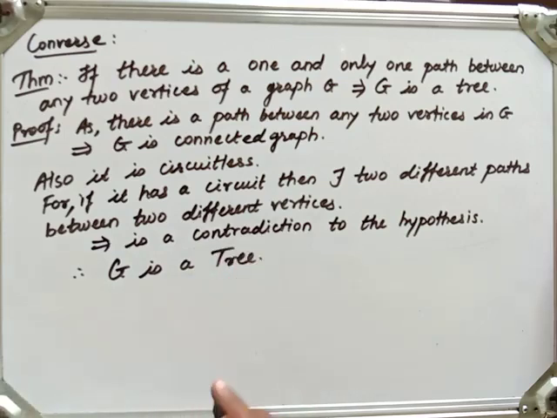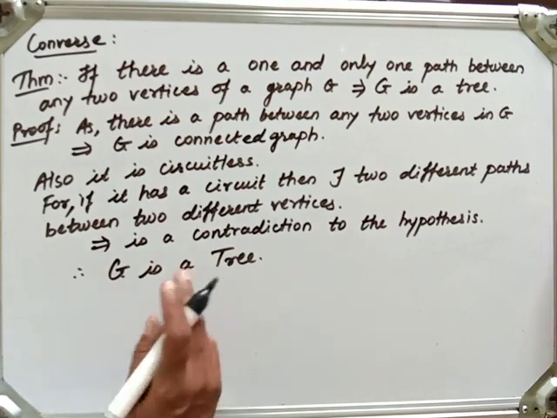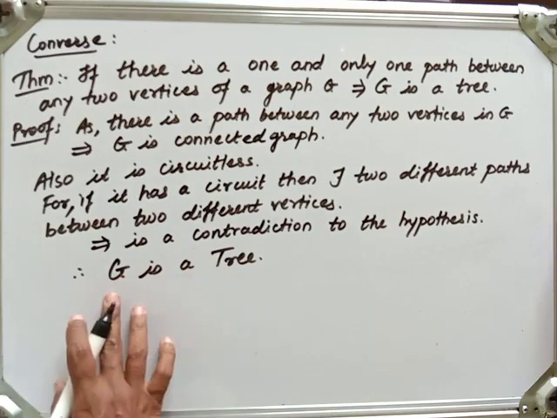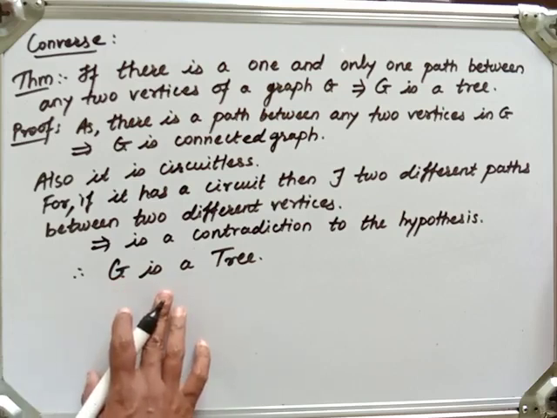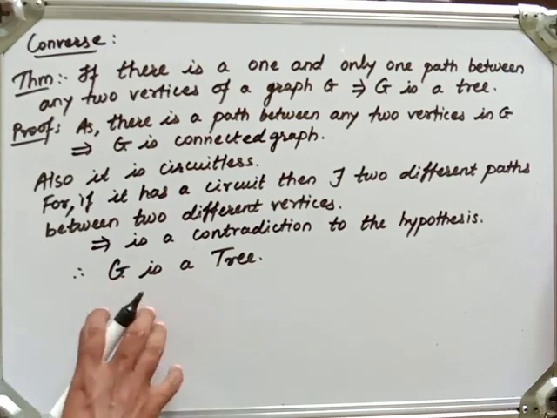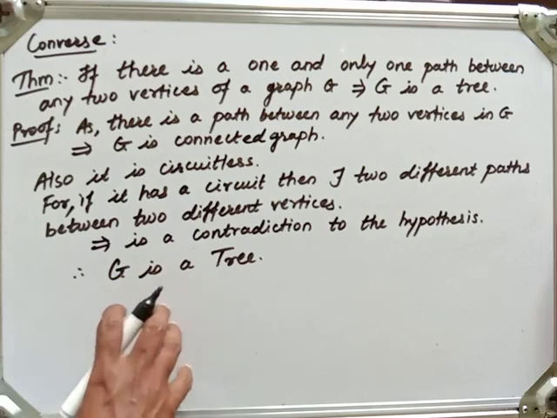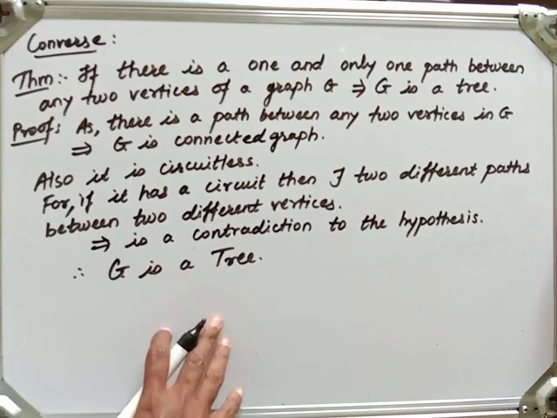Now, if we combine the previous part and the converse part, in the previous part we have shown there is one and only one path between any two vertices of a tree. Means it is given to us that it is a tree, and we have proved that there is one and only one path between any two vertices of that tree.